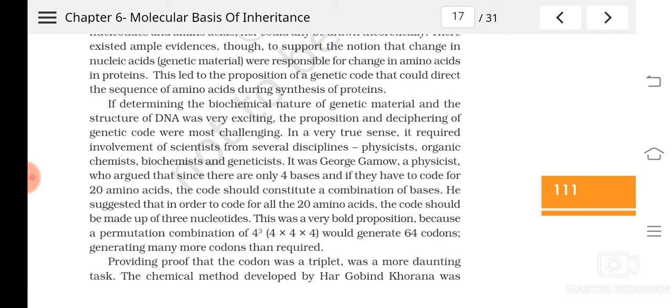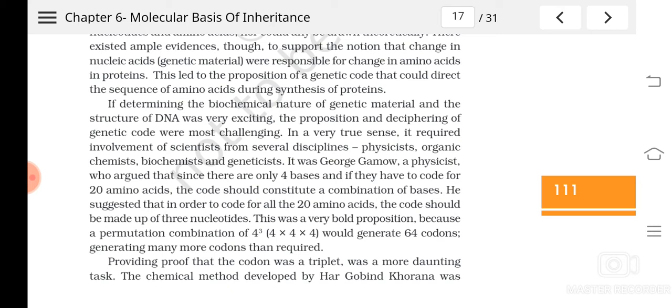If these 4 bases have to code for 20 amino acids, there should be a combination of bases.